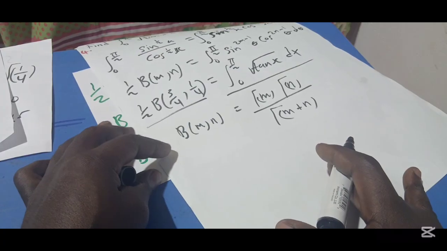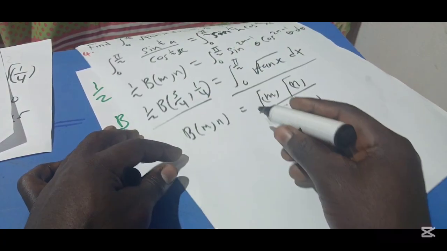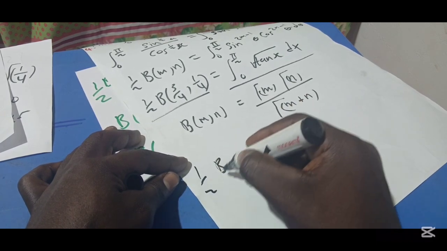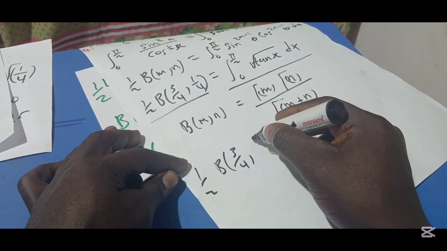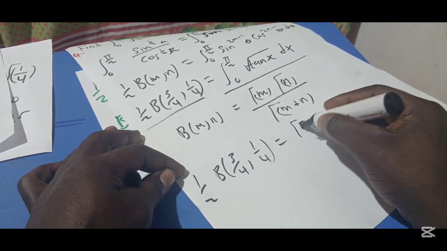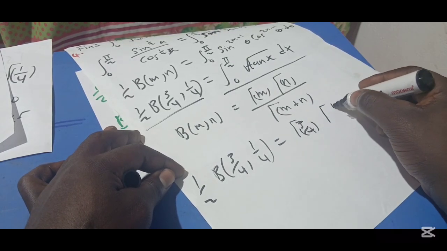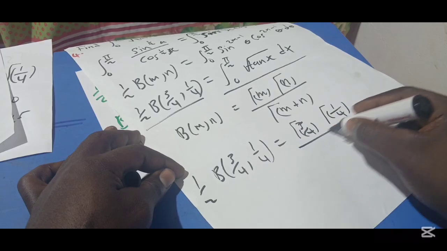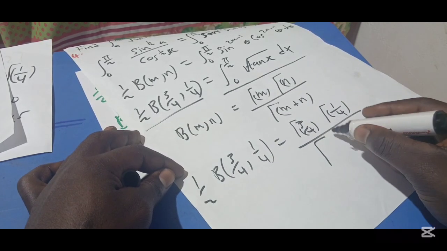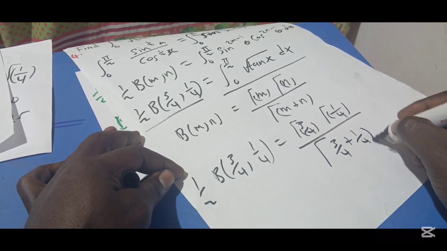So what we are going to do is that we have half beta of 3 on 4, 1 on 4, which equals half of gamma 3 on 4, gamma 1 on 4, all on gamma of 3 on 4 plus 1 on 4.